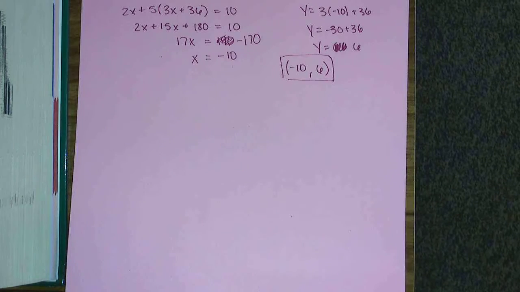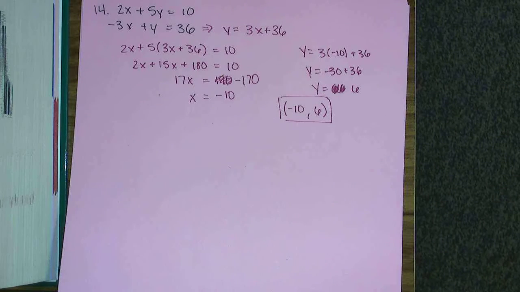Alright, do we get an answer? Yeah, it's our ordered pair. Beautiful. So first you solved the equation for y, technically, or x, depending on how easy you wanted to make your life. To get 3x plus 36, plug that in for y.